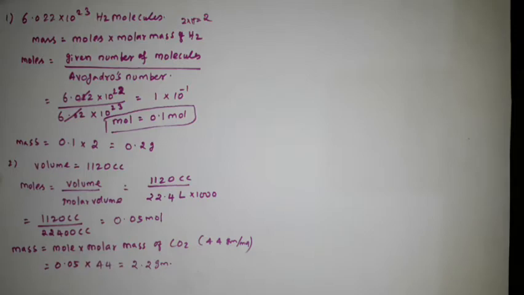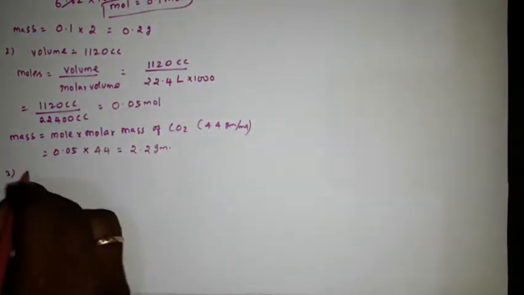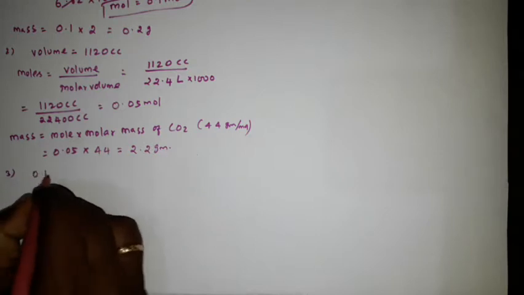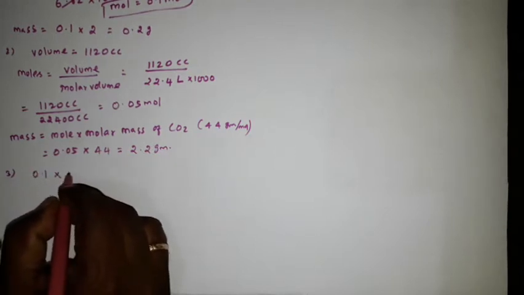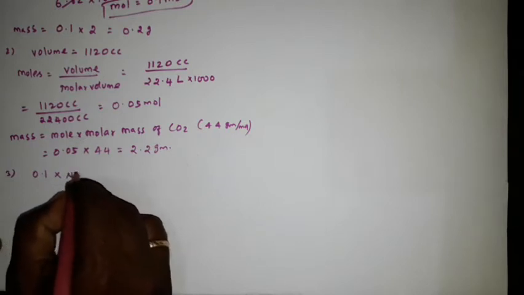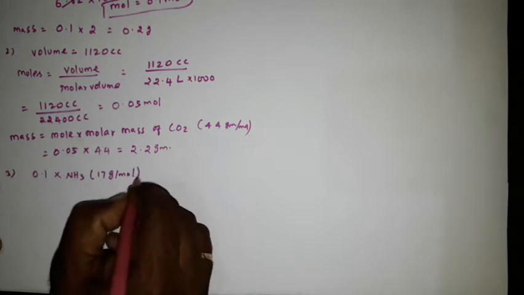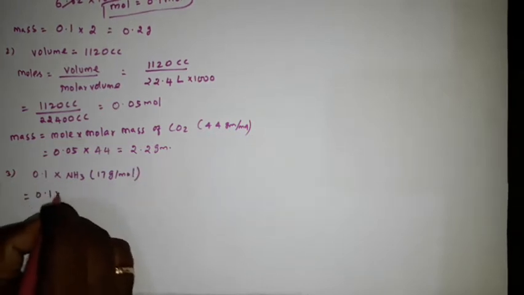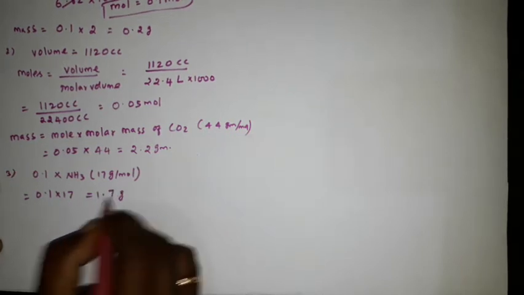Then option 3 is 0.1 mole of NH3. Mole is given, you have to find out molar mass. Ammonia molar mass is 17 gram per mole. So 0.1 into 17, we will get 1.7 gram.